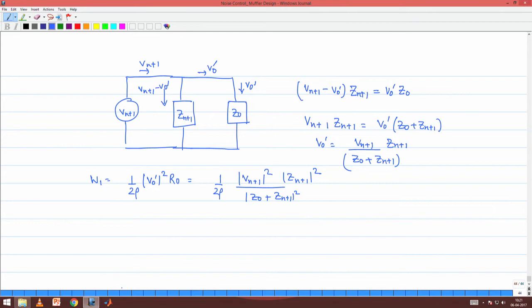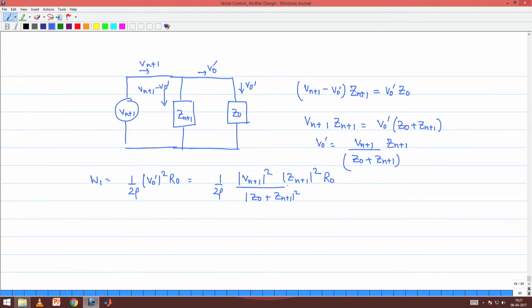Okay. So, this is the expression for the sound power that is radiated in the linear scale. We will come to the log scale soon enough, but this is just the sound power that is radiated or power that is lost in the circuit.